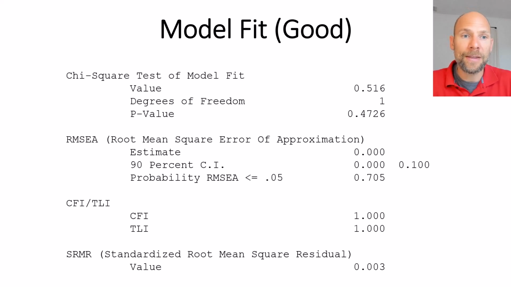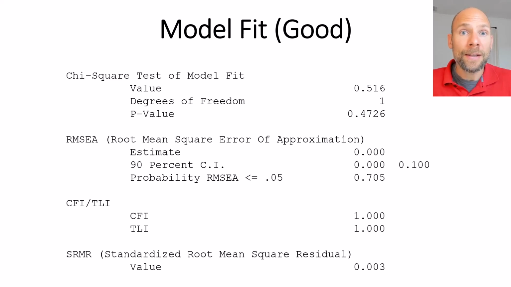You can see that the first thing that Mplus reports is a chi-square test of model fit, and that's, so to say, the standard, the most important test to look at for a CFA and also structural equation models and path analytic models. This is a rigorous test of the null hypothesis that the model-implied data structure is in line with the observed data structure, specifically the observed mean and covariance structure.